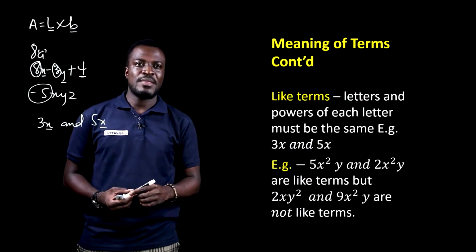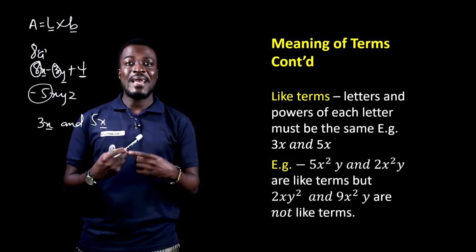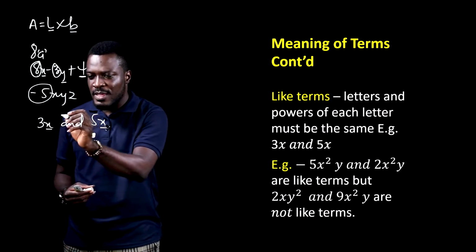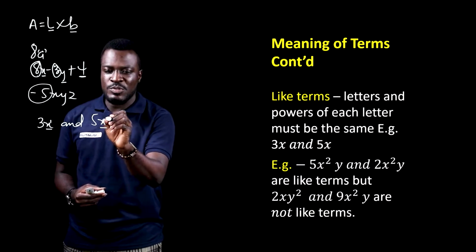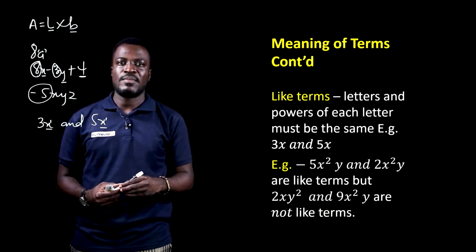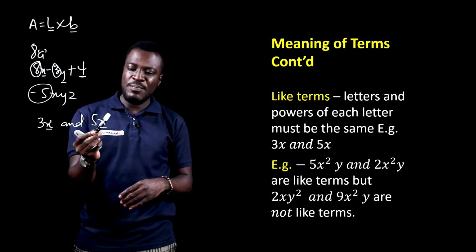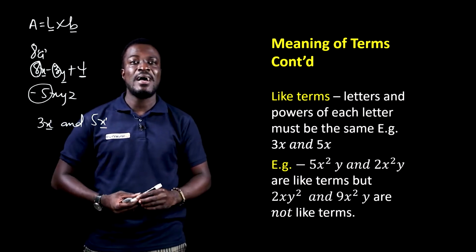And then the powers or exponents of the variables must be the same. So this is raised to the power 1. That is why we don't write it. And this is also raised to the power 1. Because they have the same variables, and the variables have the same powers, we can say that 3x and 5x are like terms.